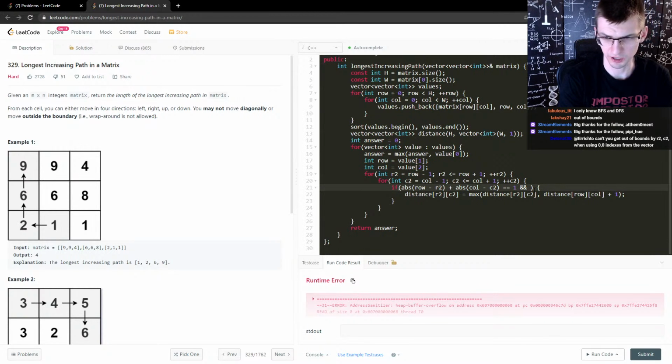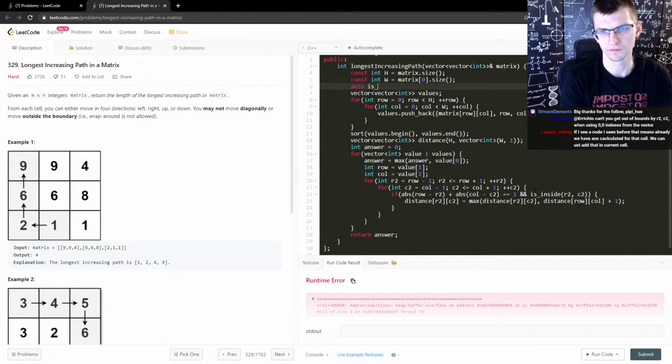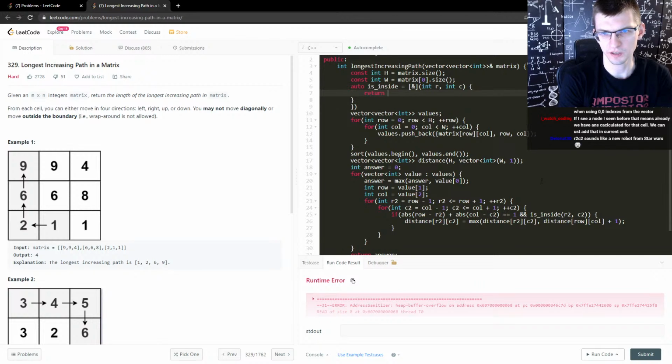This line will become a mess, so let's create a function, is inside. Row must be from 0 and smaller than h. Similar thing for column, from 0 to width -1.